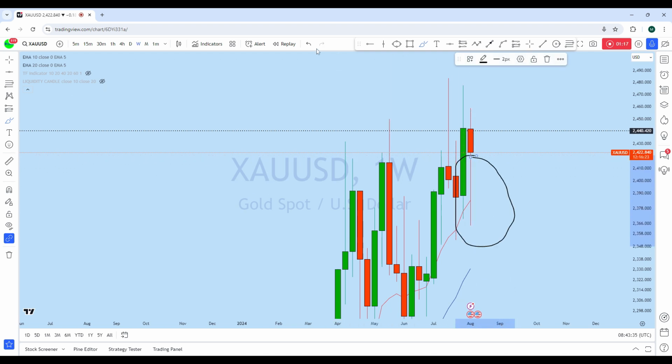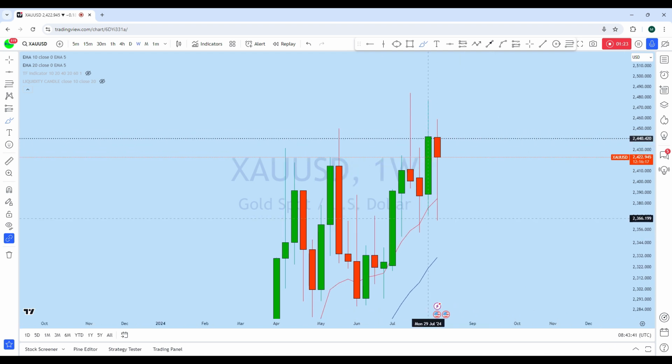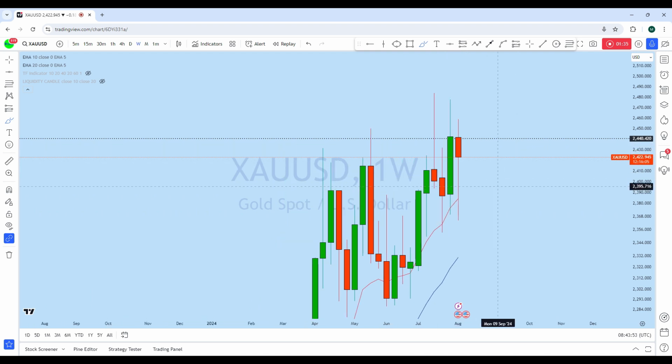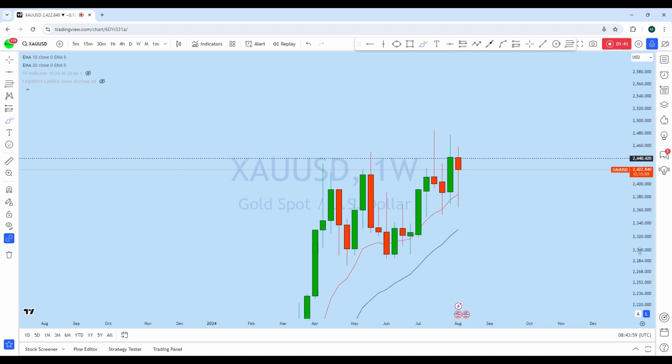Now weekly candle is important because it's almost at the end of the week, last day of trading week, and with this long wick at the bottom, expecting gold to drop down to fill that wick later today. What I think is that we might see a retest of the resistance, or at least some form of pullback, as the market is still bearish, though it's a long-term bull, but we could see filling of this long wick at the bottom.